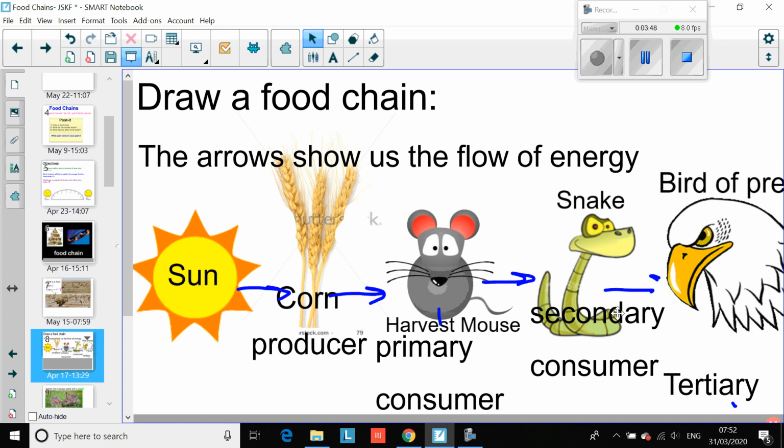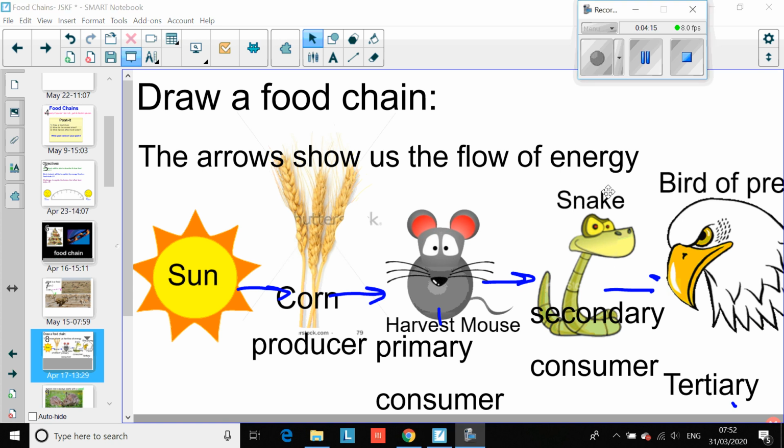So another example might be, in, say, Africa, an example of a secondary consumer might be something that eats a gazelle, like the lion. The lion would be a secondary consumer. And since nothing else eats the lion, it's top predator, that's where that food chain would end.